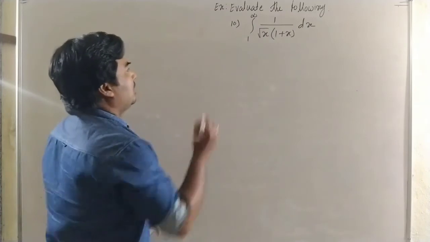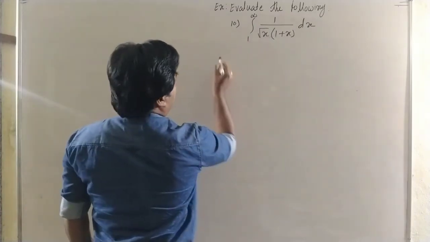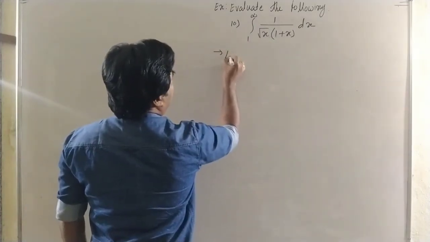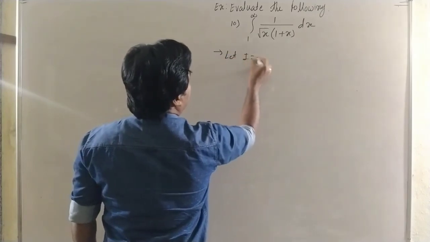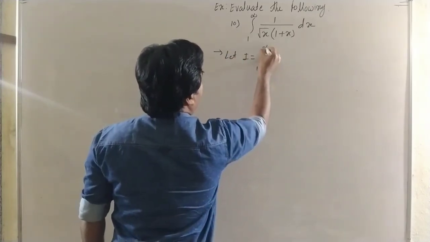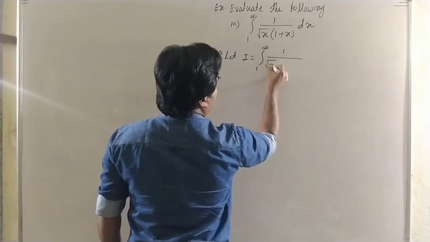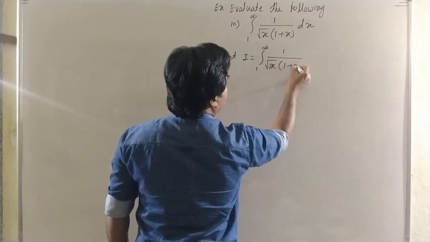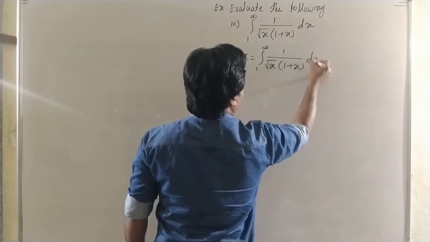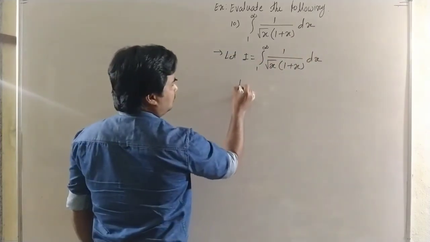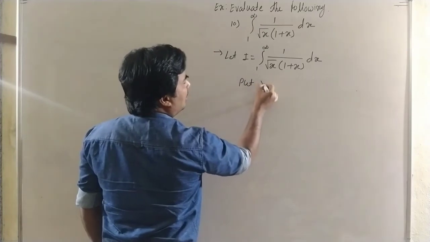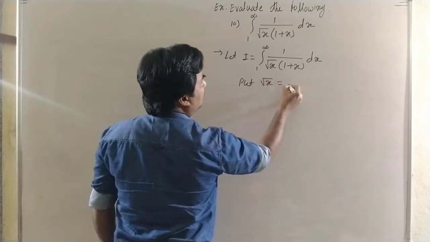Now here we put under root x equal to t. Let the integral from 1 to infinity of 1 upon under root x into 1 plus x dx. Now the substitution: put under root x equal to t.